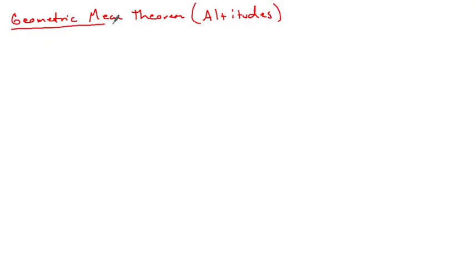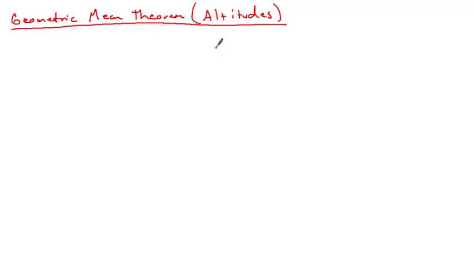All right, so as promised, we've got two more theorems. They're both very similar. First one's called the geometric mean theorem, and it's relating to altitudes. Okay, so it's not so important that you remember the names of all these theorems anymore because we're not doing proofs so much anymore. But it is important that you remember the theorem and the rules behind them.